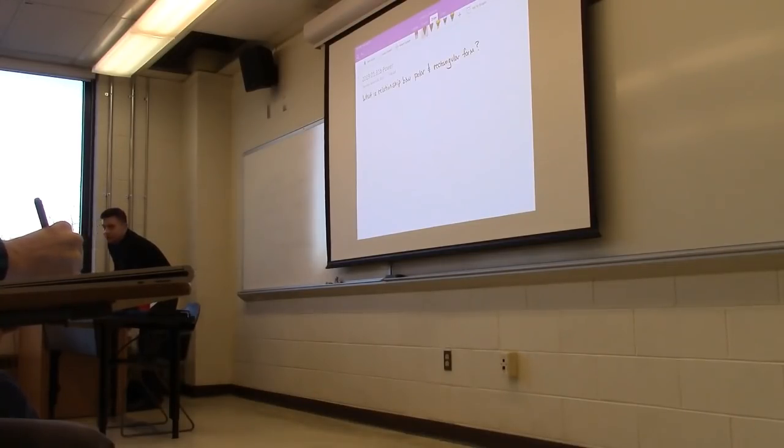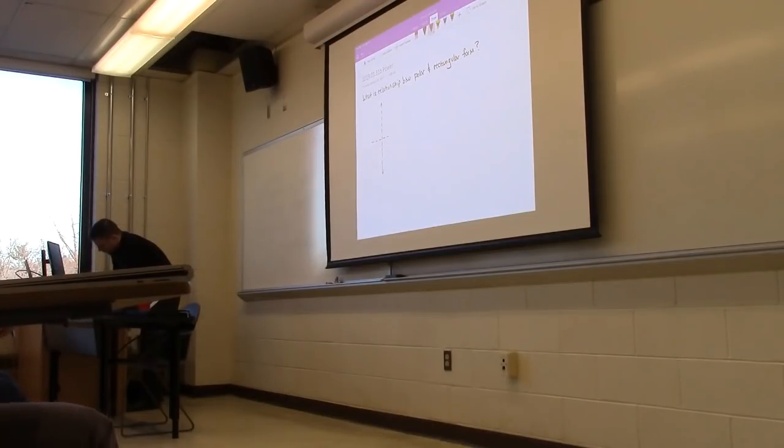Essentially, the relationship between them boils down to trigonometry, right? Let's say we have a real plane and an imaginary plane. Okay, so this is real and this is imaginary.